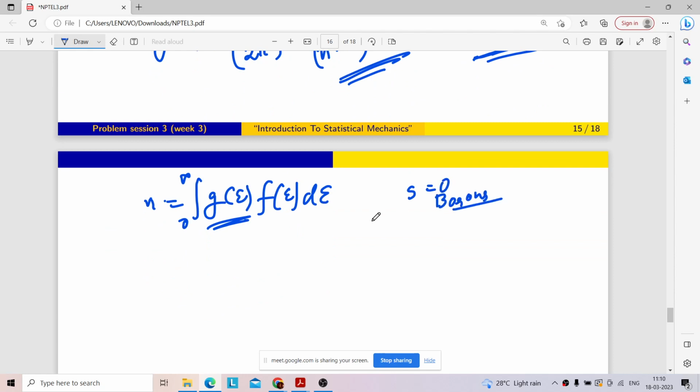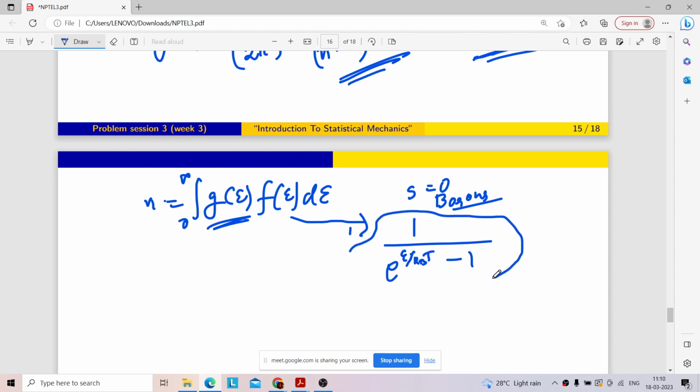So they are bosons means f_D will be the Bose-Einstein distribution. So this will be 1 over e to the power (E minus mu) over k_B T minus 1. Mu is 0 now, so let's omit this. So this will follow this Bose-Einstein distribution now, and we are talking about the critical temperature, so we will put this T as Tc.